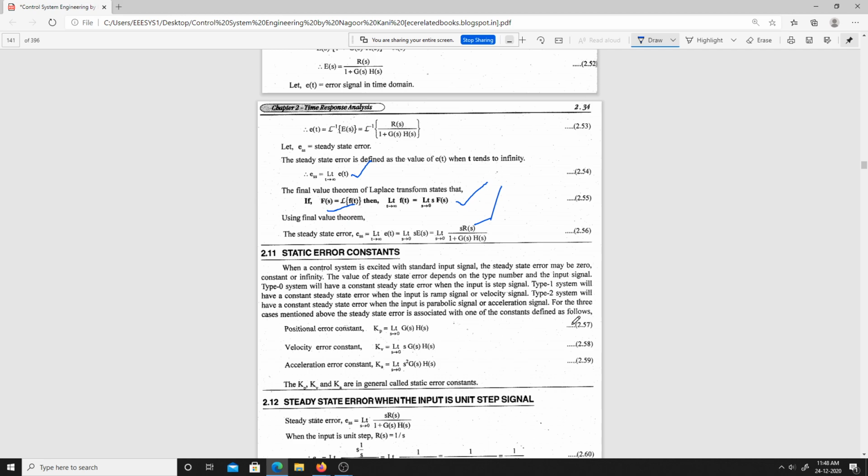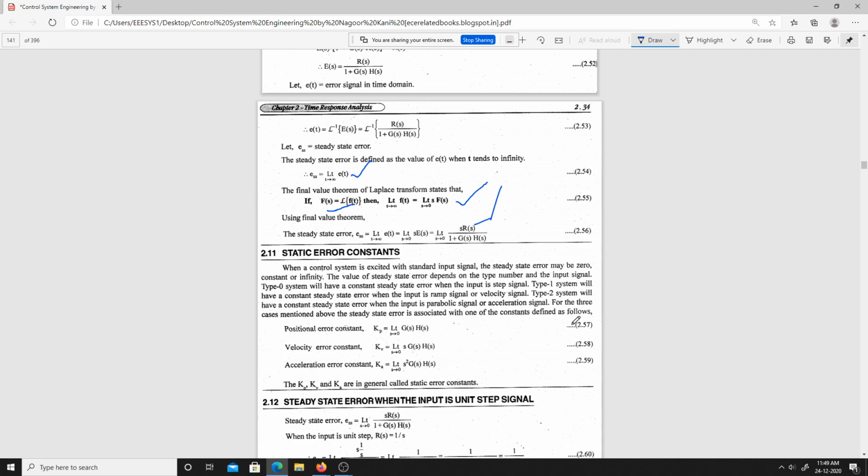The error might be 0, constant, or infinity. In particular, a type 0 system will have a constant steady state error when the input is a step signal.